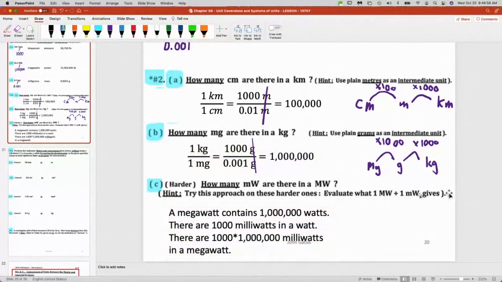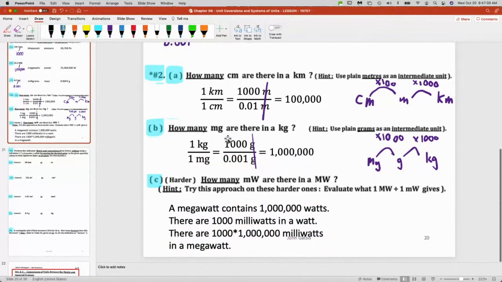So I've written it down 3 different ways. I have the fraction approach, I have a visual diagram, and then I have sentences explaining it.